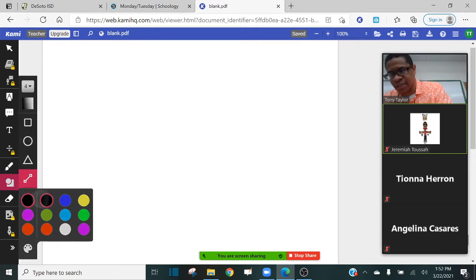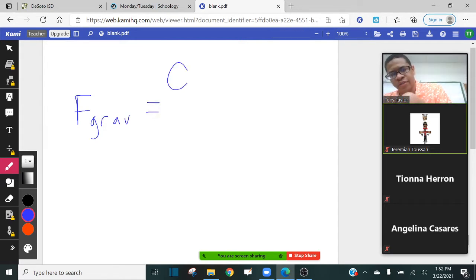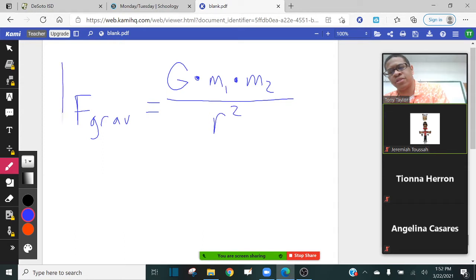It basically says that the force of gravity acting between any two objects is equal to the gravitational constant big G times the mass of the first object times the mass of the second object divided by the distance between the two objects squared.